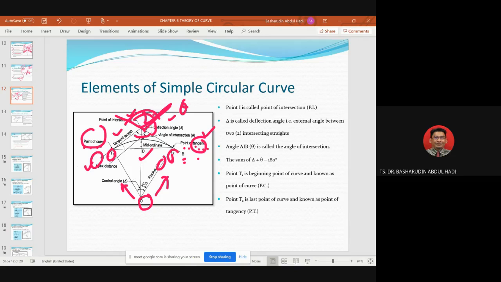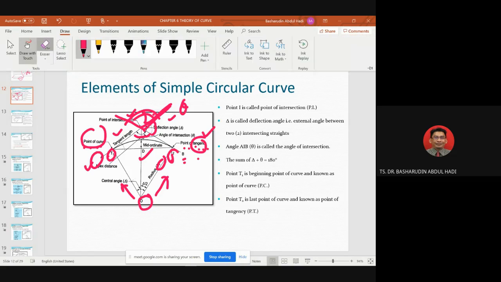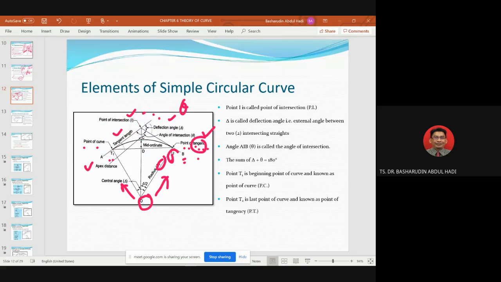Alright, so the idea is like this. Let me erase this one. The idea is like this. We call it our existing alignment. What is our existing element? We call it the existing road.